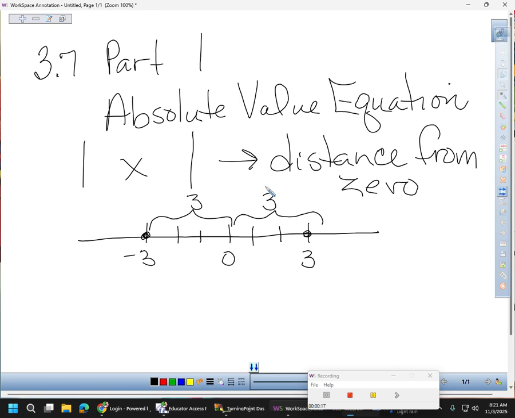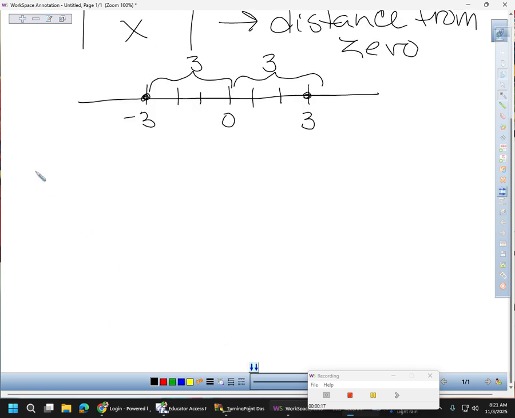So here's how we're going to do it today. Step 1, isolate the absolute value.